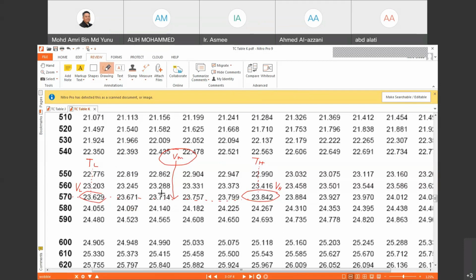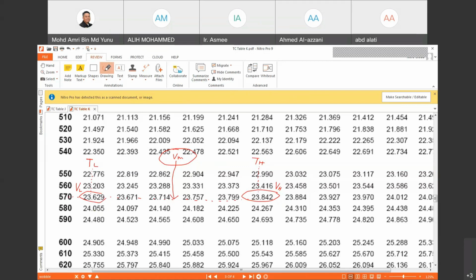There should not be any problem, but I basically choose the values here, between here and here.